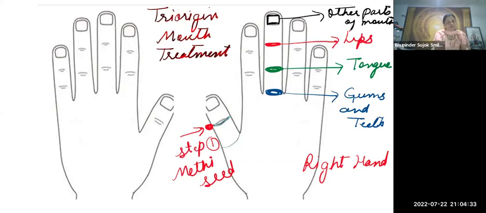Yes. So now lips. In our body, in the mouth, lips are outside the mouth, an expanded area. So lips are in this joint. This joint is very, very effective, very, very good to treat all lip diseases.